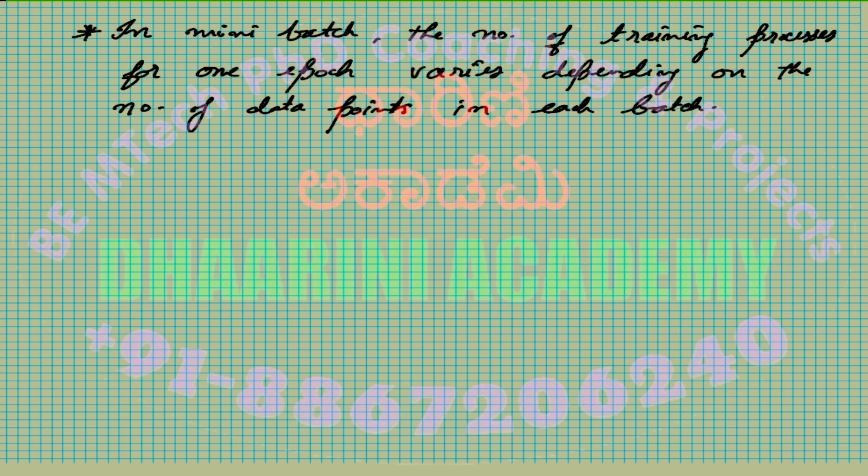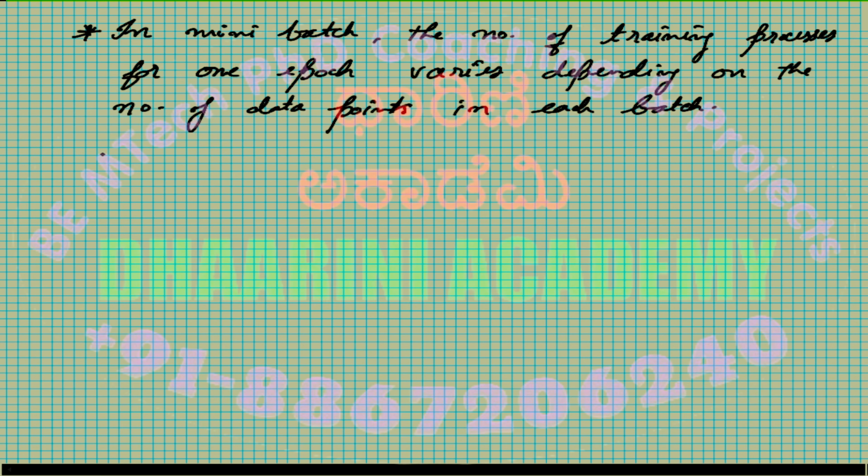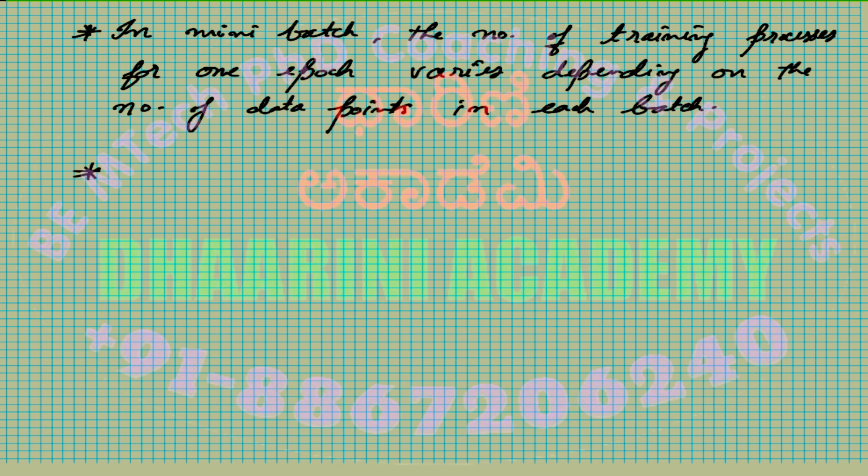the batch method uses only once. The batch method trains only once. SGD trains n times, but the mini batch uses a value which is greater than 1 but less than n. So let me write that point here, which makes many things clear.